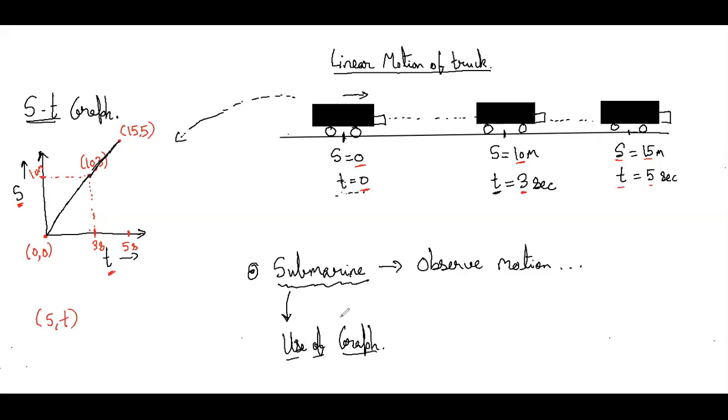We can understand how it is moving. Is there some fault? All these things can be analyzed by seeing the displacement time curve. So this is one practical use of the graph. And like that, there are many uses. So, okay.